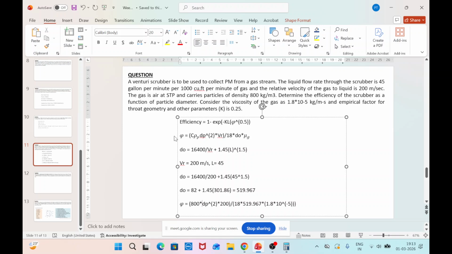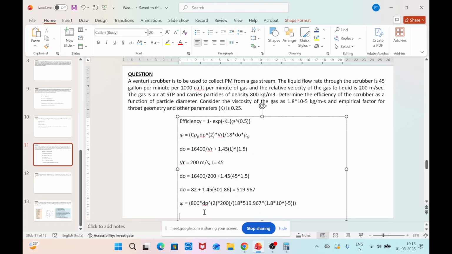So this is the expression. If we simplify this expression and substitute it in the efficiency equation, because K is given, the value is 0.25. So this is the expression for psi.